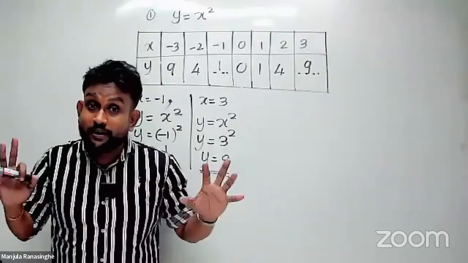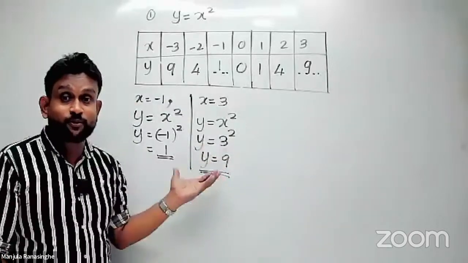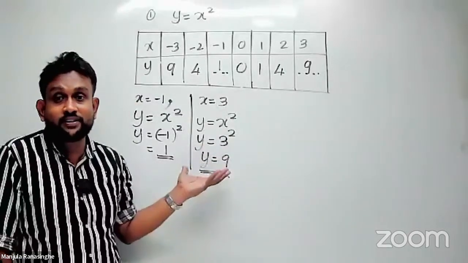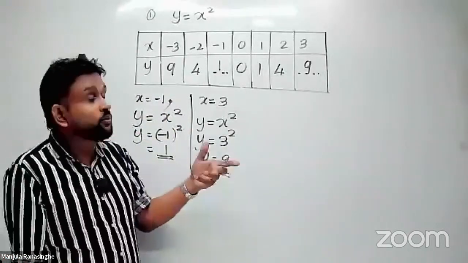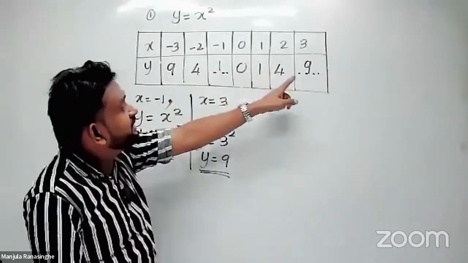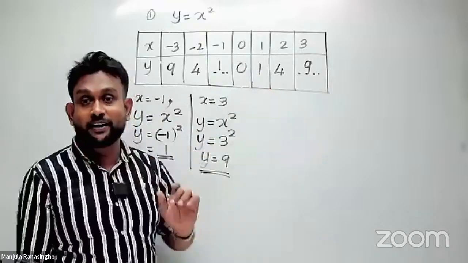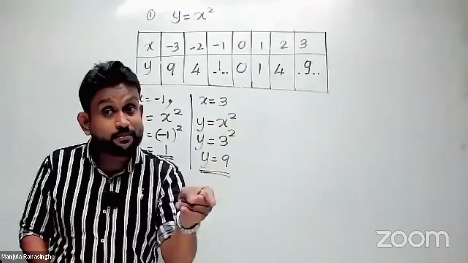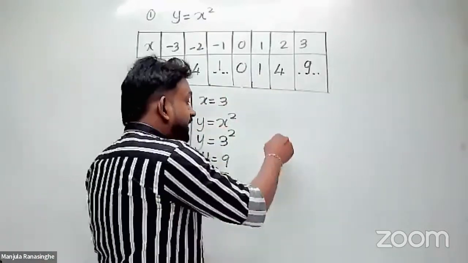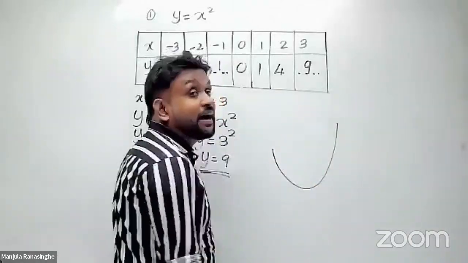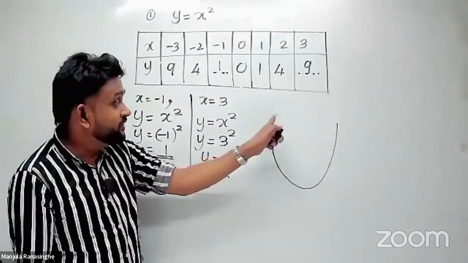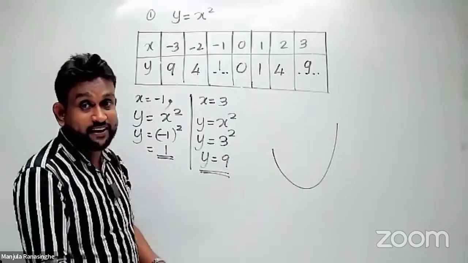Imagine a student who does not know how to substitute and find the value, but sees 9 here, so he feels there should be 9 on the other side. That may not be true all the time. If the graph is not symmetrical, this coordinate may not be available, though this rarely happens.